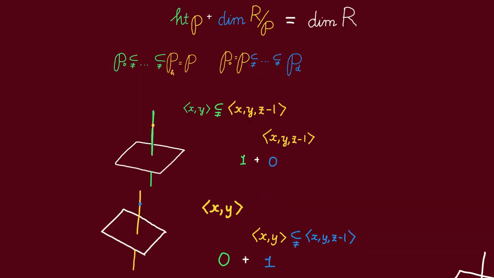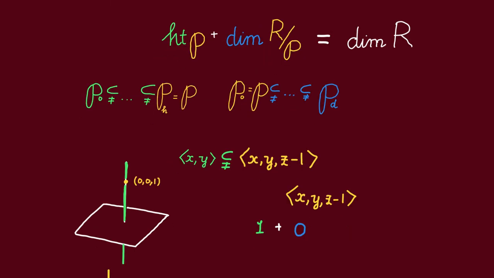This is a chain of length 2, so we know that dimension of R is at least equal to 2. On the other hand, we can produce other maximal chains of length 1. For example, if P is the prime ideal corresponding to this point, then the height of P is 1, corresponding to this irreducible component containing P, whereas dimension of R over P is going to be 0 because this point does not contain any strictly smaller irreducible subvariety.